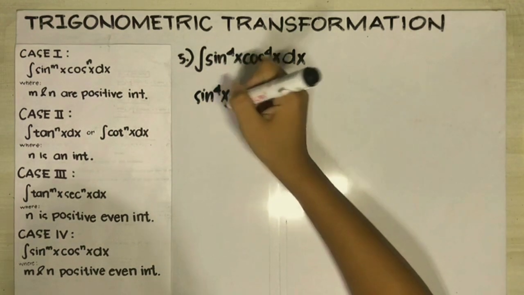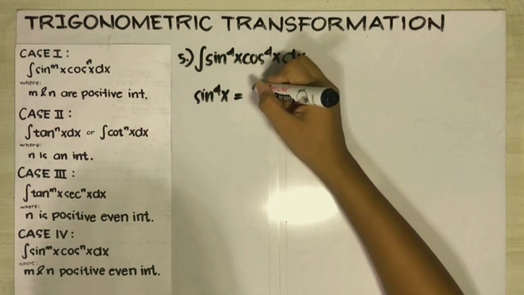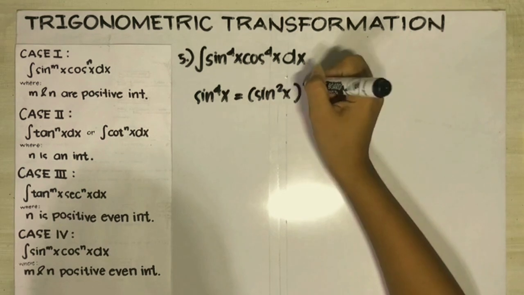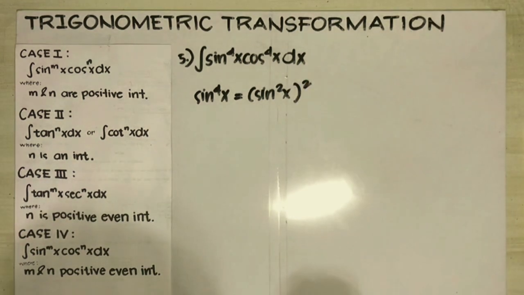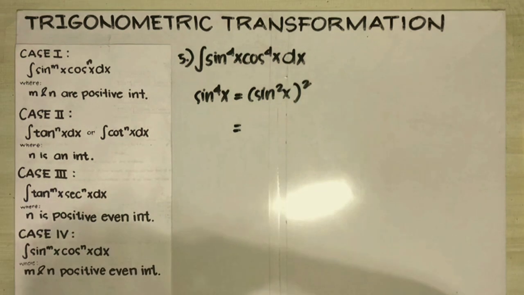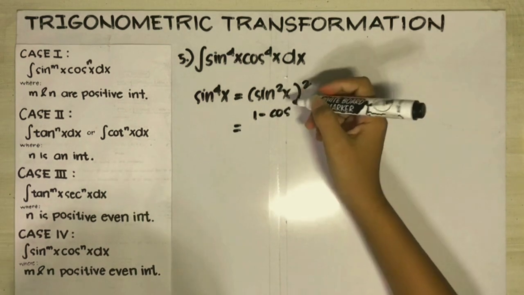So first, the sine to the fourth power x. This is equal to sine squared x, squared, which is equal to 1 minus cosine 2x all over 2, squared.